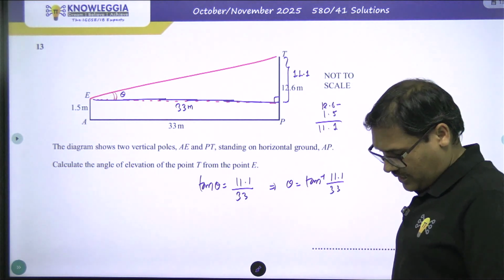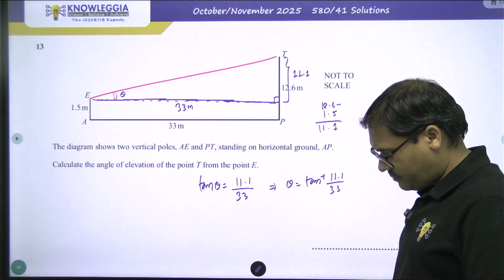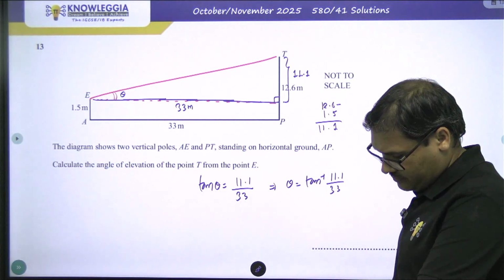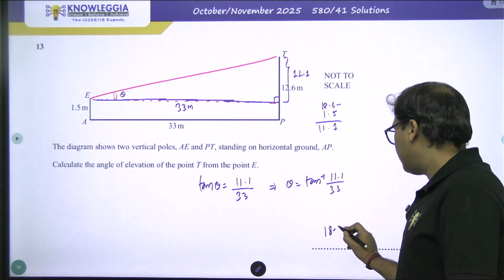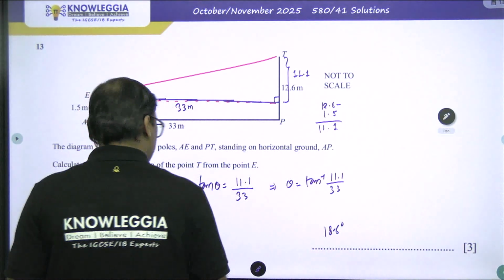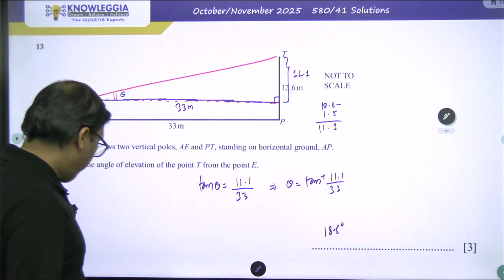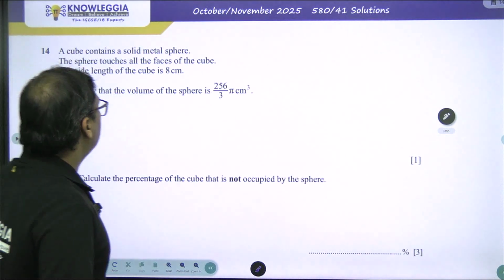And if you just check the calculations, you will find this will be 18.6 degrees. Okay. So just check this answer. Okay. Next question.